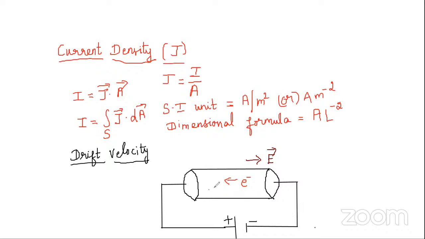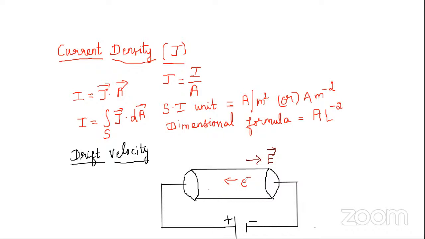Without the potential difference, all the electrons are in random motion, so the average velocity of the electrons is 0. When you apply this potential difference, the electrons start moving towards the positive potential, the movement is channelized now, and while moving inside the conductor they begin to collide with the positive ions.